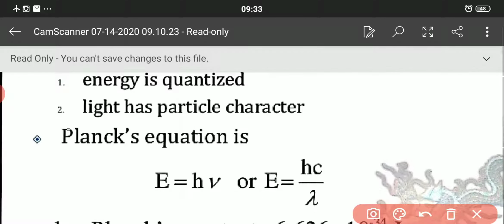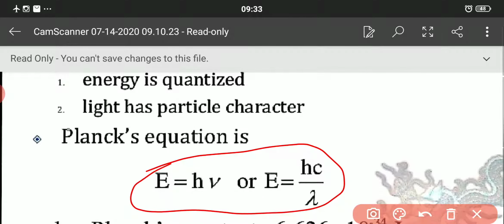So you only have to remember the equation in this theory, because numericals from this equation may be asked in your exam. No theory will be asked in the exam.